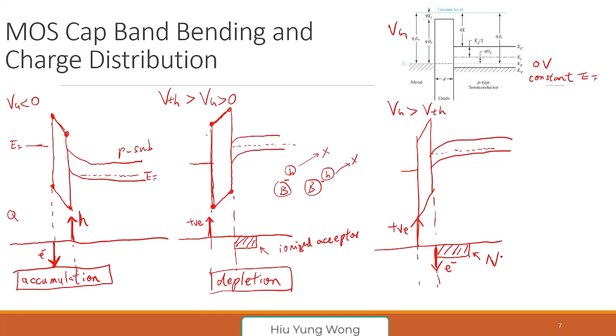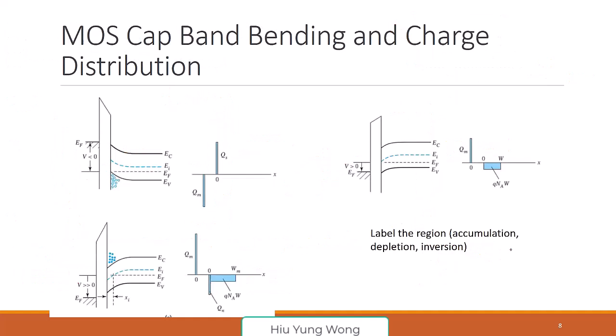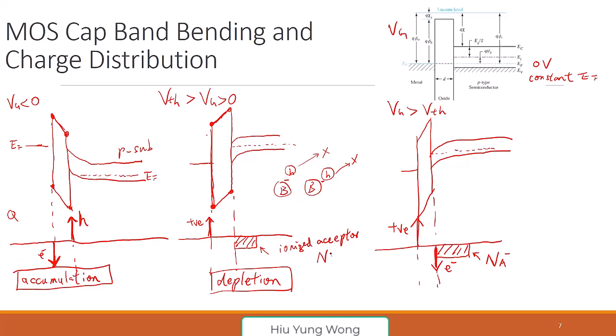This is Na minus. Right? When your electric field is so high, yes, you keep depleting, but eventually it is so high that the conduction band is below the Fermi level, and I have a lot of electrons.